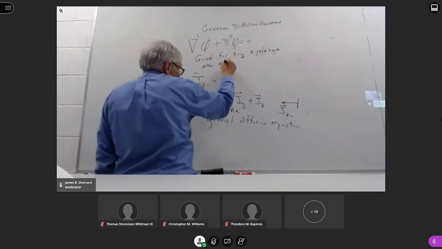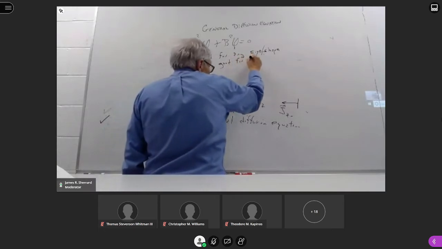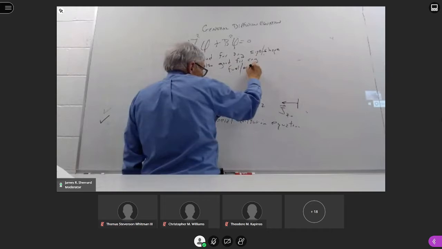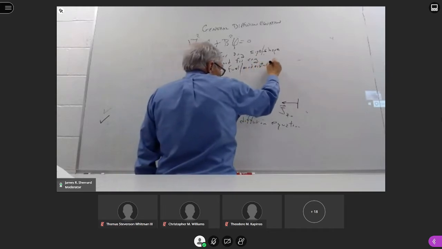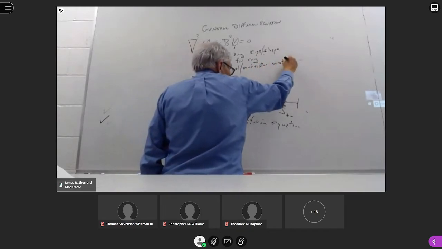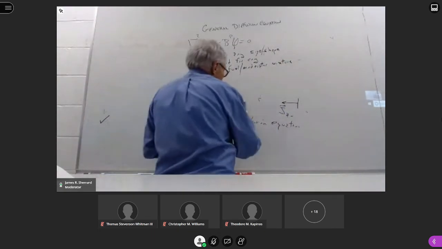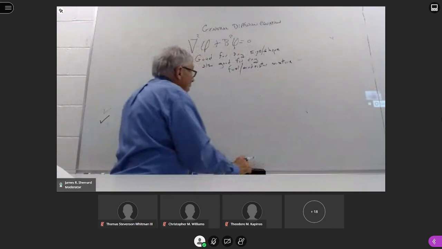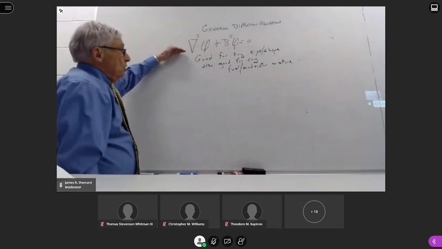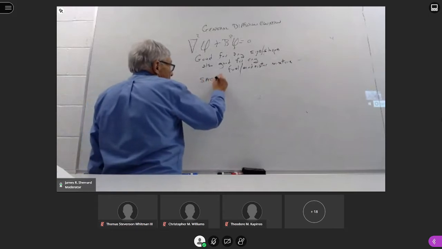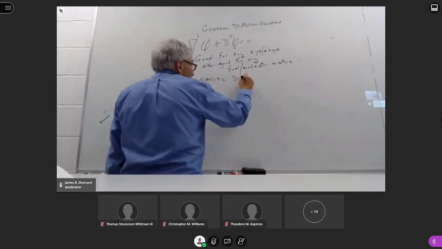Also good for any fuel moderator mixture. What we do when we have the general diffusion equation, we need a specific diffusion equation.